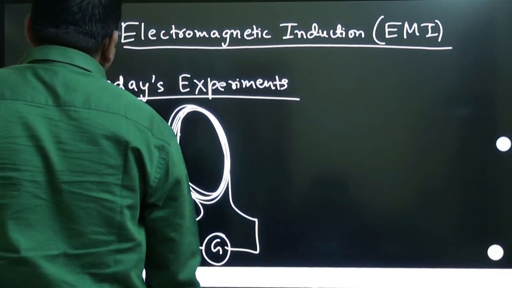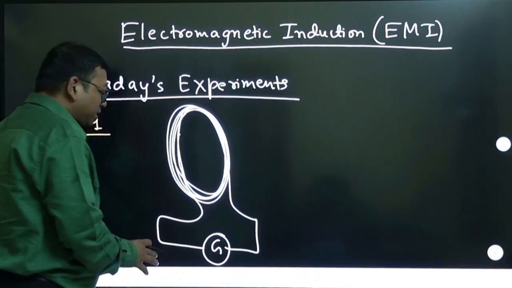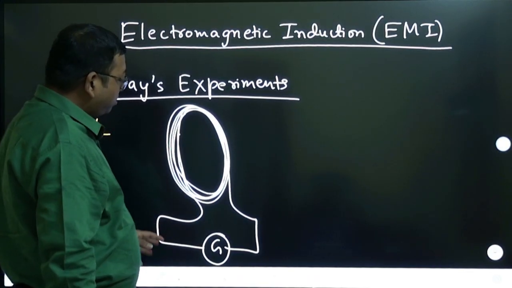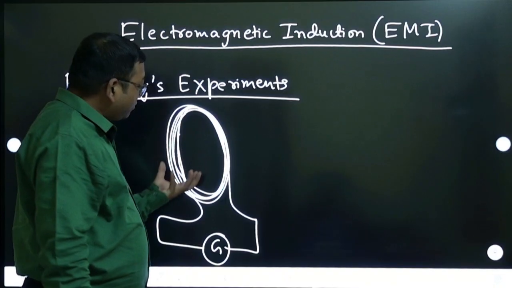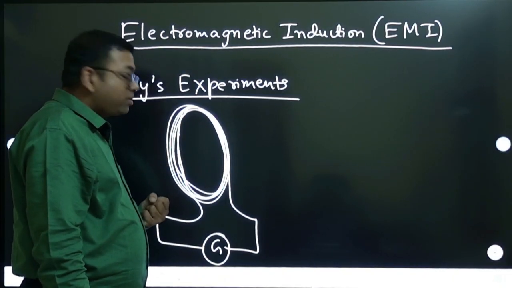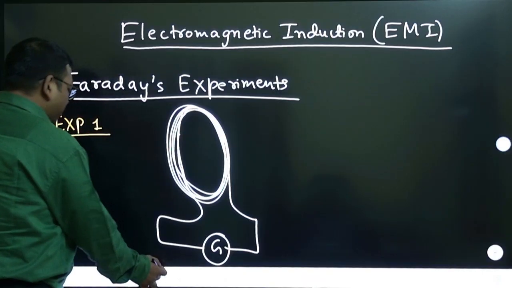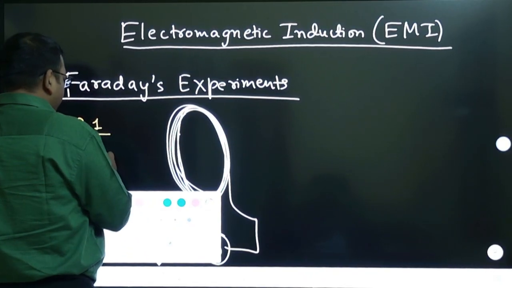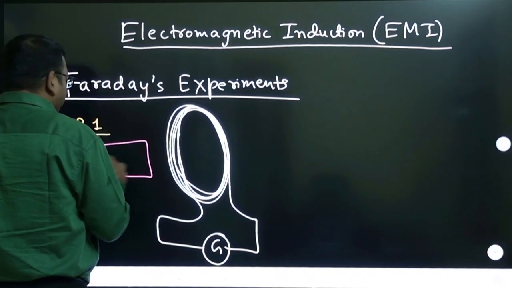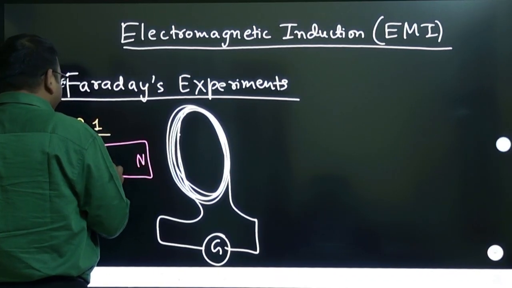There is a galvanometer here, and this galvanometer should be able to detect if any current is passing through this coil or not, and we are using a magnet.